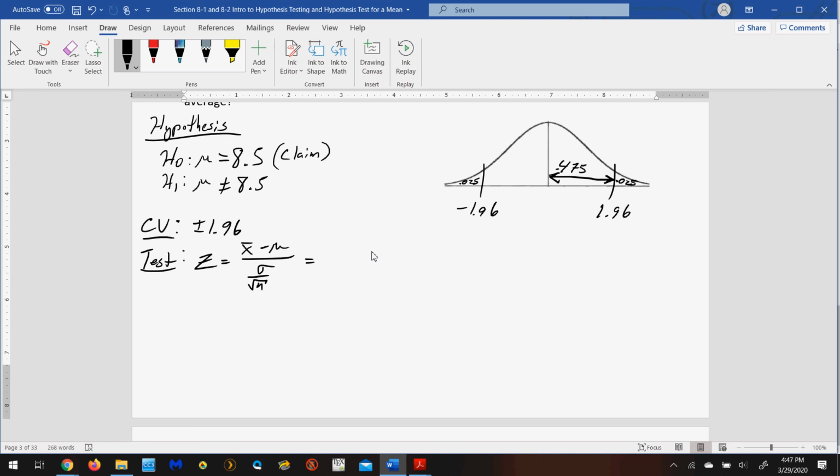Mu is always whatever's here. I don't care if it doesn't say equals, it could say greater than. Whatever number you have here associated in any way with mu is going to be your value for mu itself.